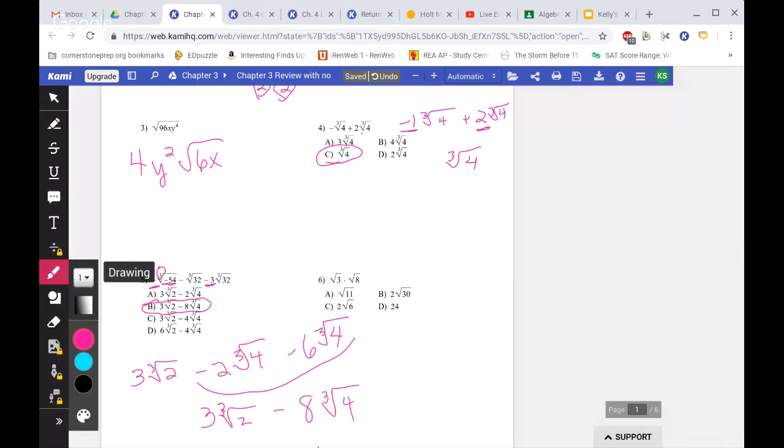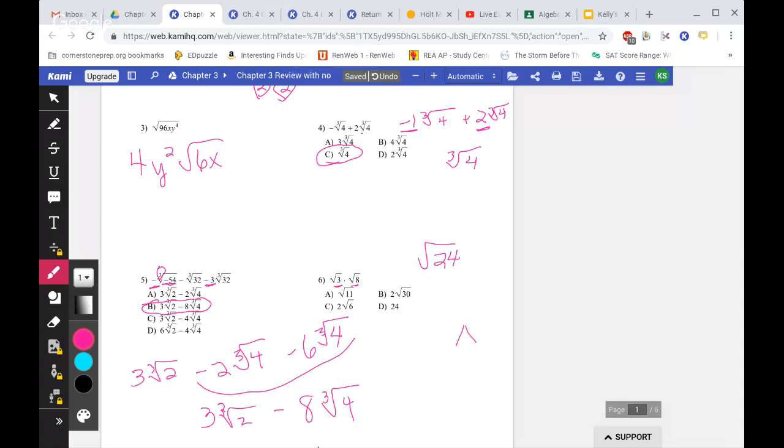Okay, so now, just like I said, 4 and 5, we had to pay attention because you have to add or subtract like terms. But when you're multiplying, it doesn't make any difference. You can just combine what's under the radical by multiplying. So now this becomes 3 times 8 is 24. And we've got the square root of 24.